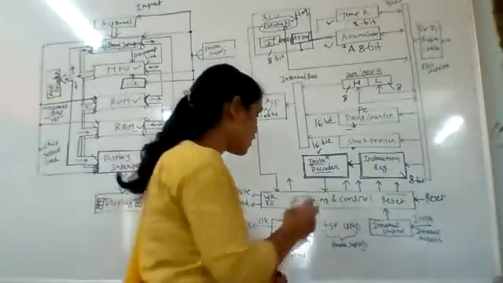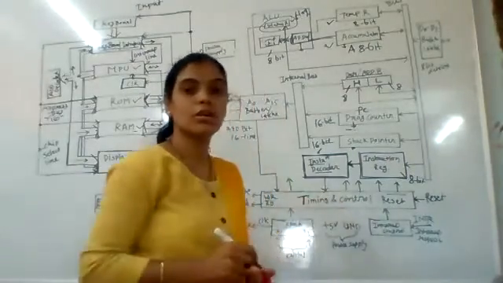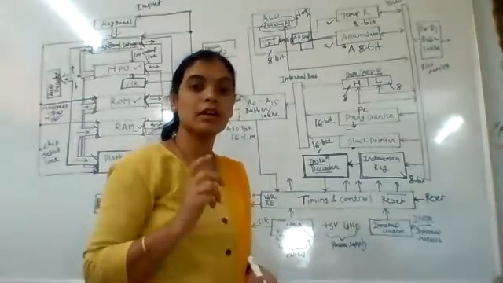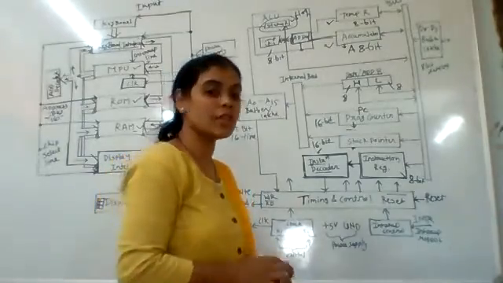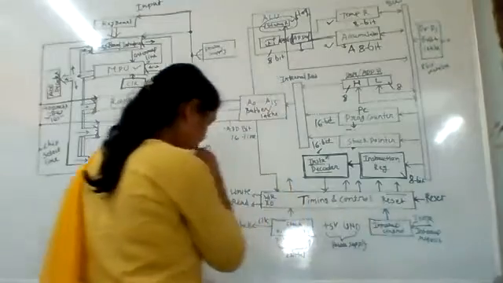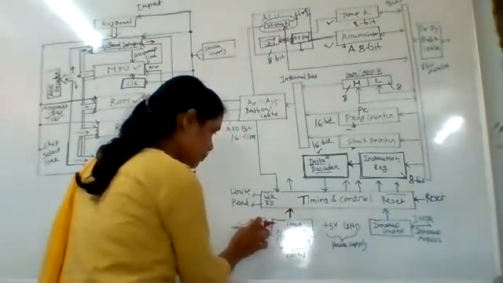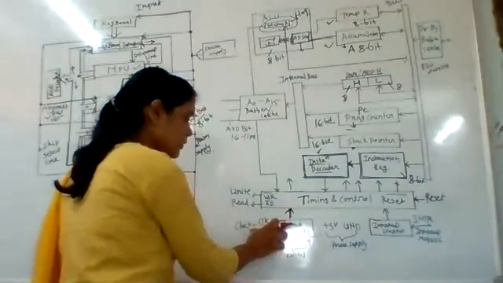Next part is the timing and control unit. The internal clock generator, CLK, is available in this unit, as we also learned in the previous diagram.